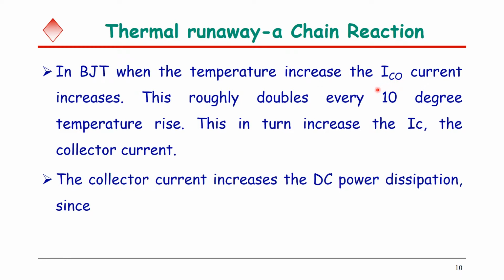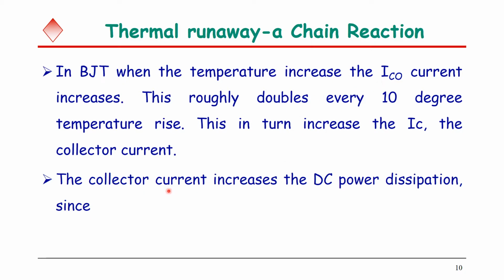Why? Because if the temperature increases, the concentration of the minority charge carriers will also increase. There will be movement of the charge carriers. Because the movement of the charge carriers increases, the current due to the minority charge carriers also increases.